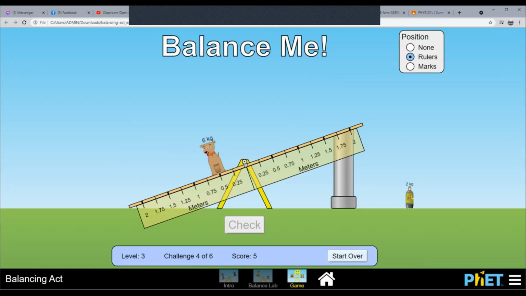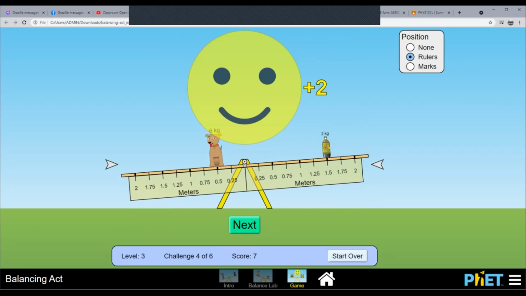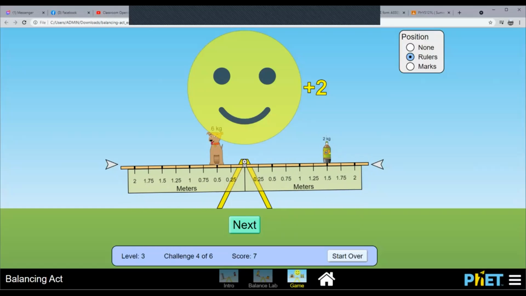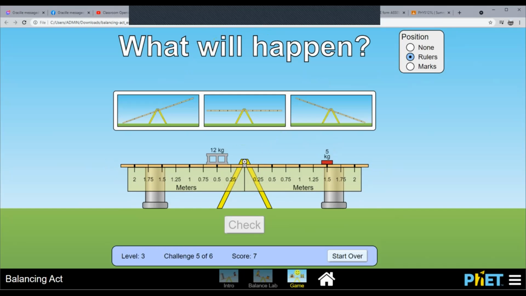Where do we put this 2 kilogram? Saan natin to lalagay? 1.5 po. Dito sa 1.5. Let us check. Okay, so that's a very good answer. Next one. What will happen?